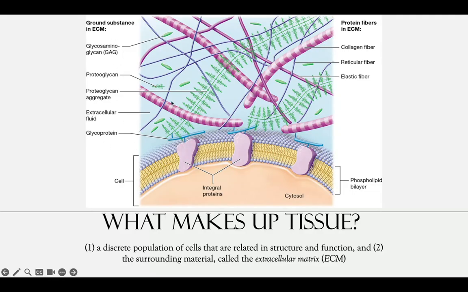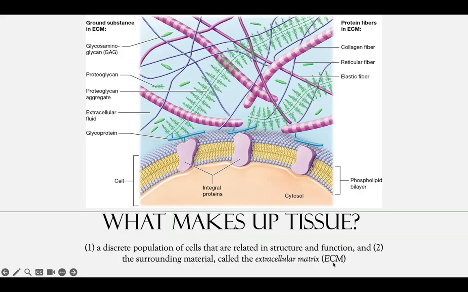Things that we can actually see when we look at tissue preps are protein fibers. This is also another component of the ECM. There are three different types of protein fibers: collagen, reticular, and elastic, and we'll talk about them more as they come up, okay? But those are ground substance and protein fibers. Those are the two main components of the extracellular matrix.